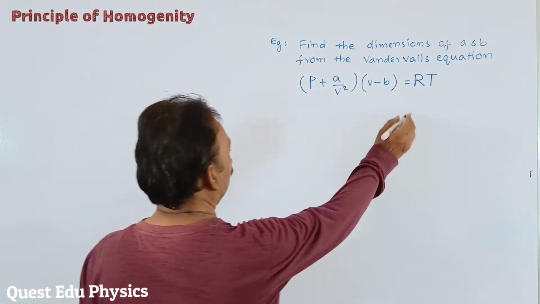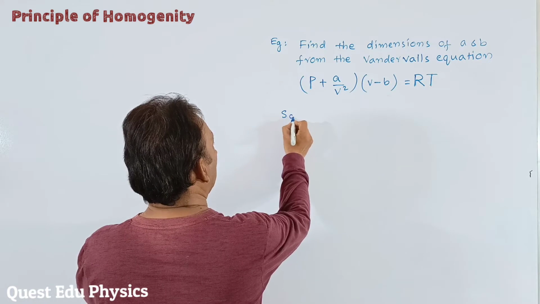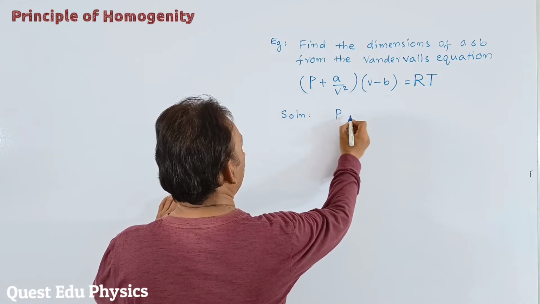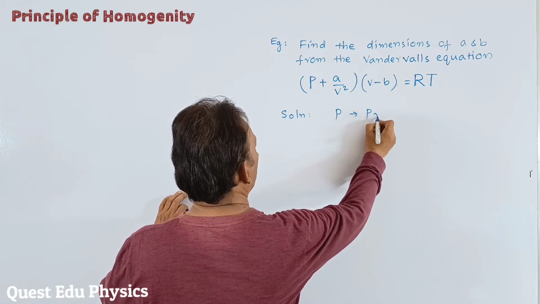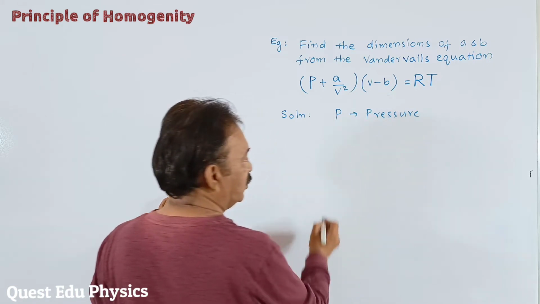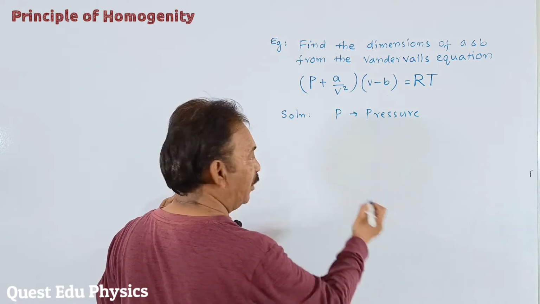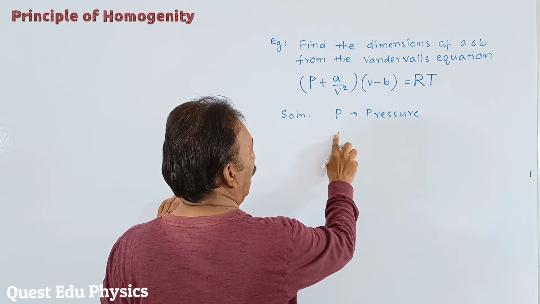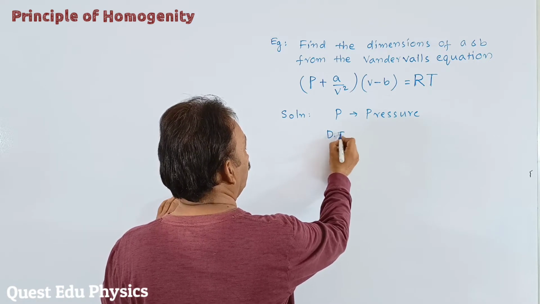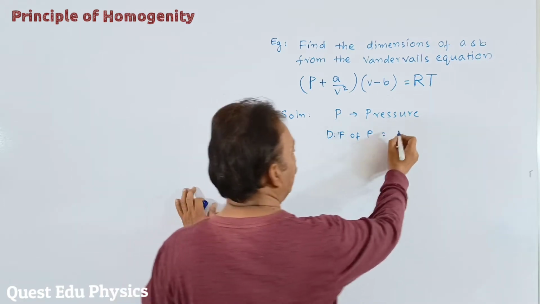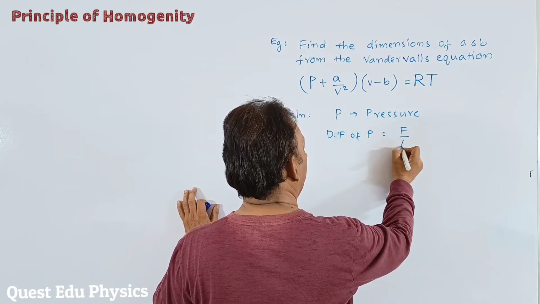Here in this one, we have to write the physical quantities which are involved. Here, first one is P. P is what, students? P is pressure. As you know, directly I am writing the dimensional formulas. Pressure is equal to force upon area.